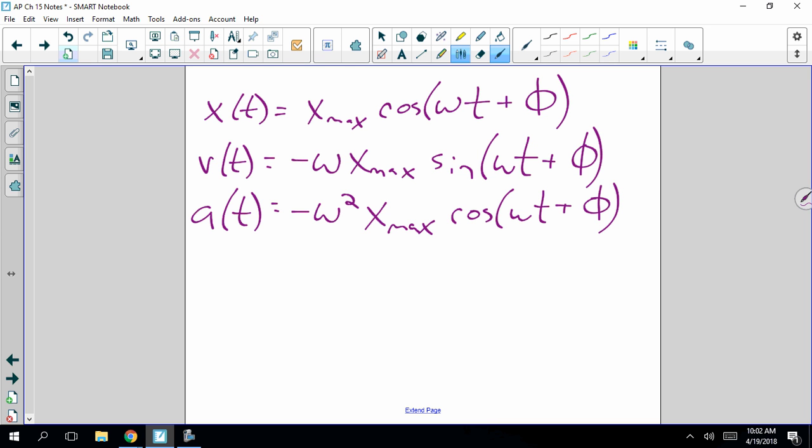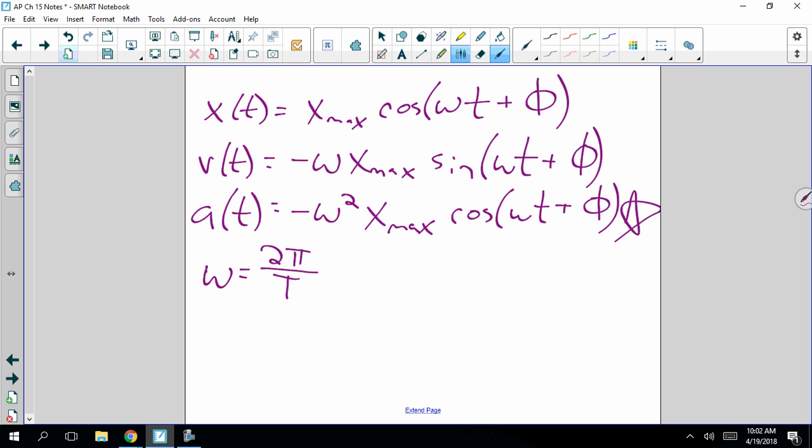So we also learned that the angular frequency could be expressed as 2 pi over the period, right? Because you're going to complete 2 pi radians worth of cycle every period. By multiplying this equation by mass, you guys remember what happened then?